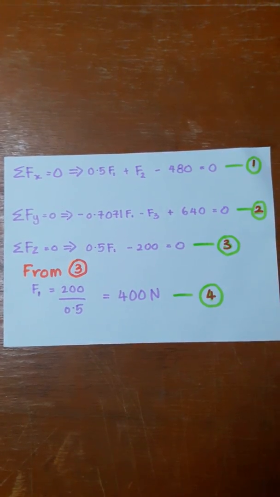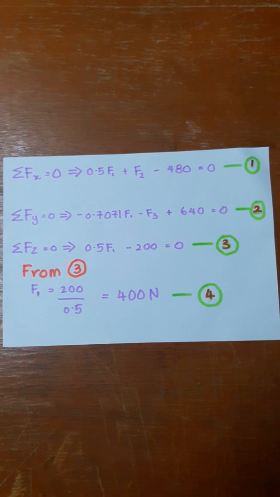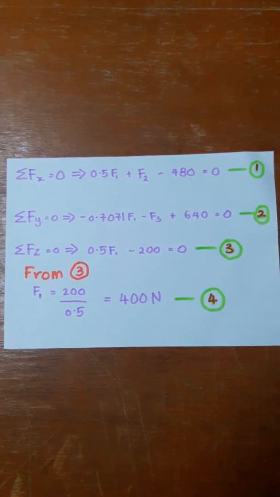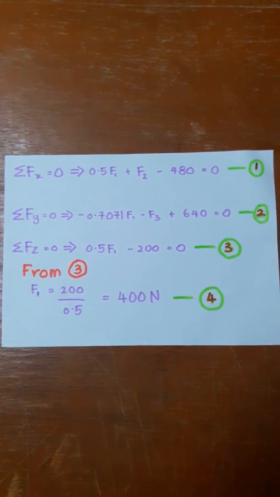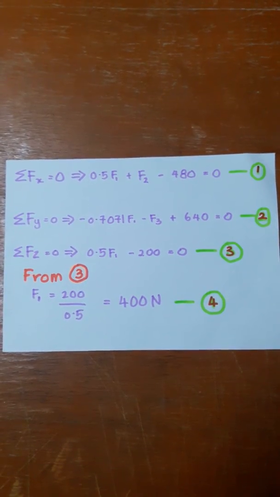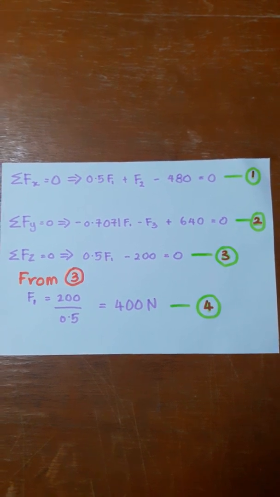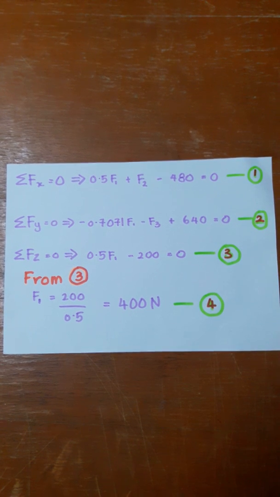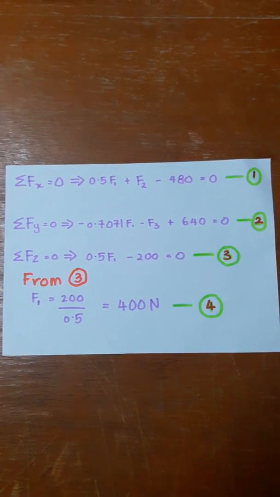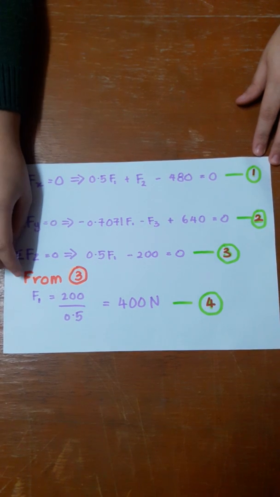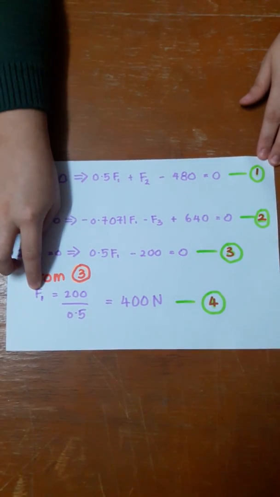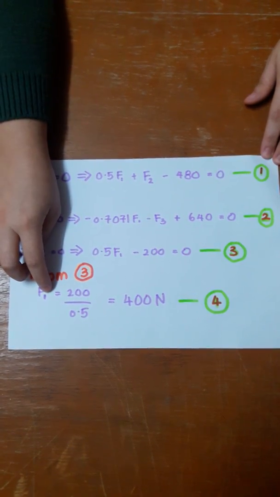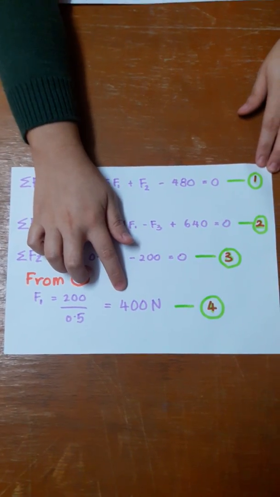Since we only have one unknown in equation 3, we can easily get the value of F1. Note that each time we move a value to the other side, its new value will be the opposite. For example, a positive value will become negative and vice versa. Multiplication will become division and vice versa. So from equation 3, F1 will be equal to 200 divided by 0.5. When you hit your calculator, you will get the answer of 400 Newton.